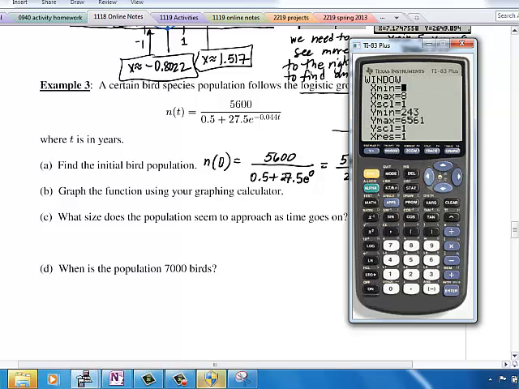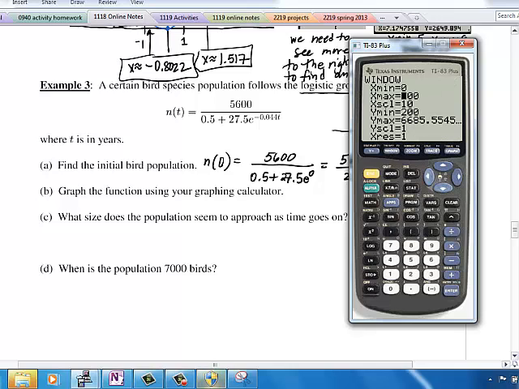And then our window, we want time to be positive, so I'll take x to be 0, and then let's go out to maybe 100 years, and the scale being 10. And then let's do a zoom fit to get the y's that we want. Looks like we don't see the population leveling off there yet, so let's go a little further than 100.